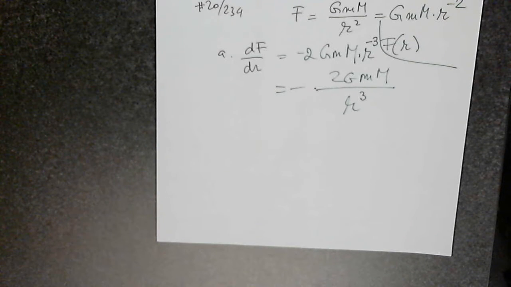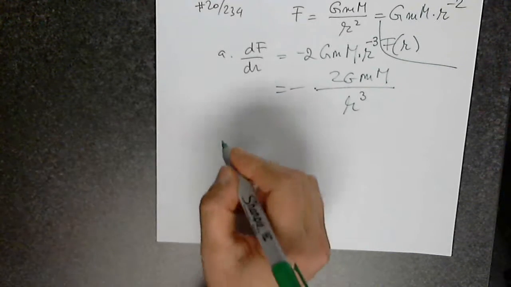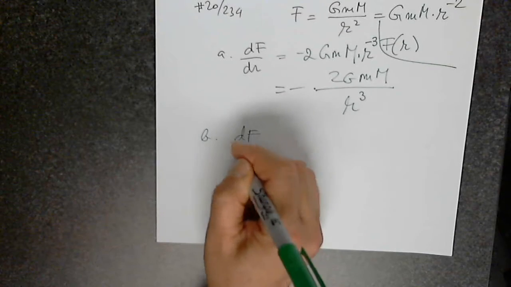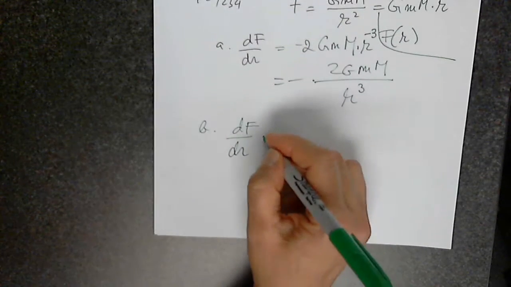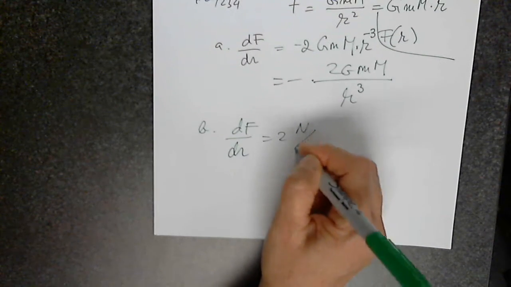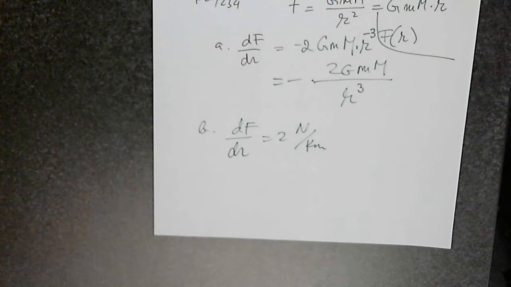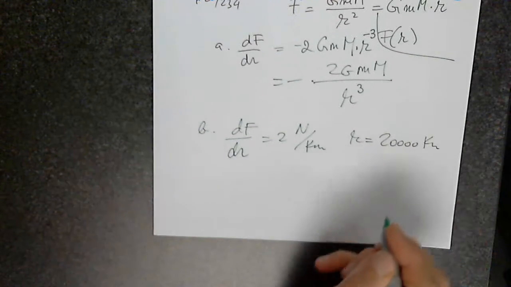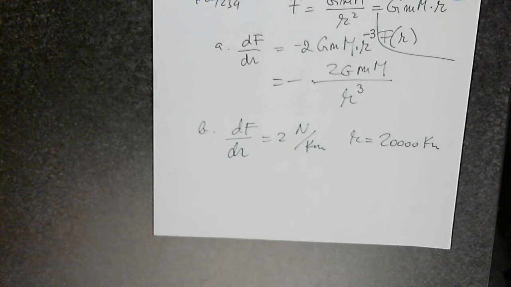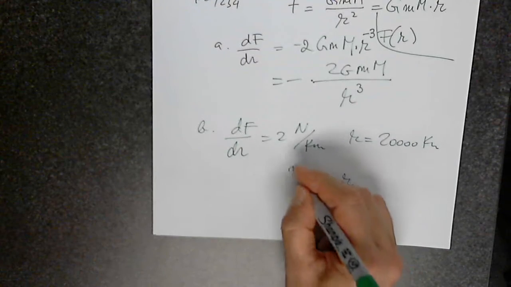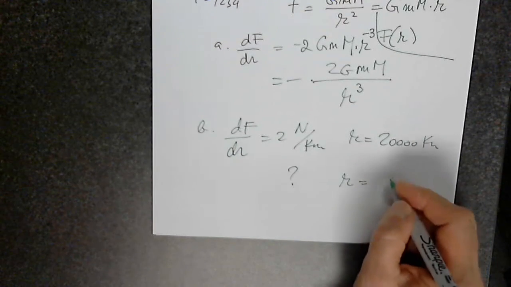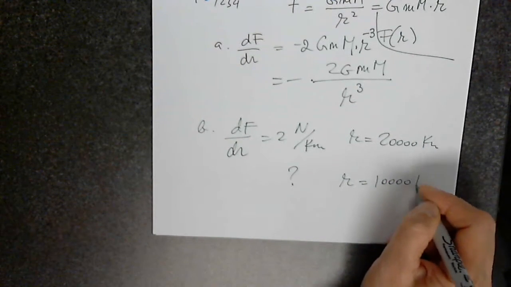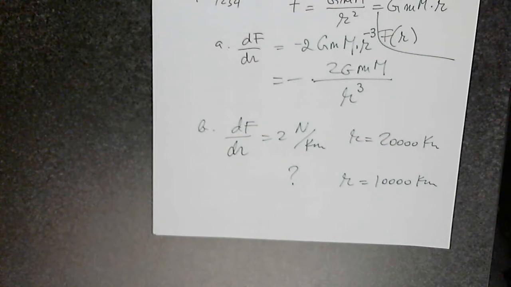Part B. Suppose it is known that the Earth attracts an object with a force that decreases at the rate dF over dr equals 2 newtons per kilometer when r equals 20,000 kilometers. How fast does the force change when r is 10,000 kilometers?